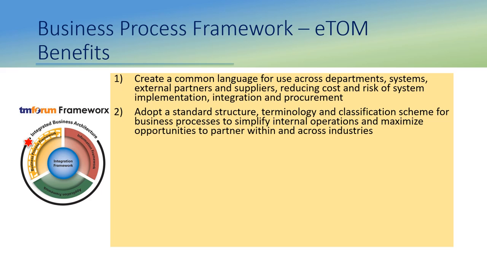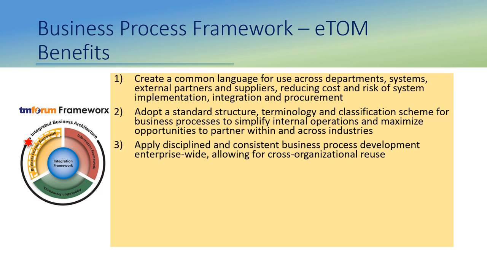Adopt a standard structure, terminology, and classification scheme for business processes to simplify internal operations and maximize opportunities to partner within and across industries. Apply disciplined and consistent business process development enterprise-wide, allowing for cross-organizational reuse.